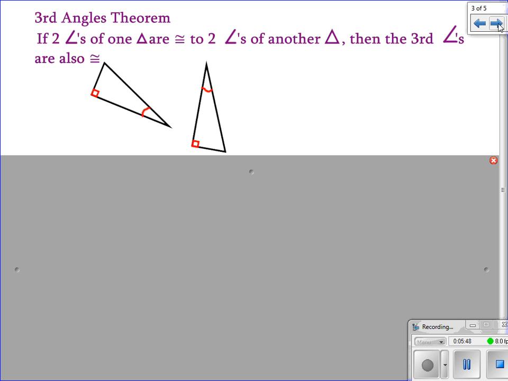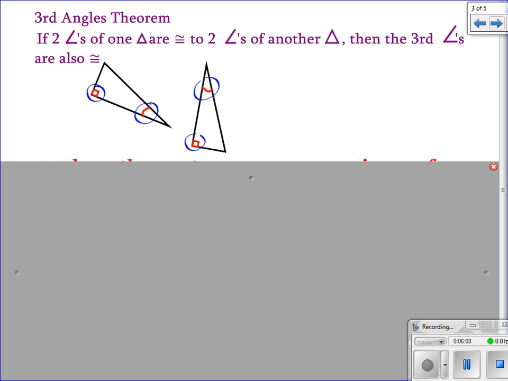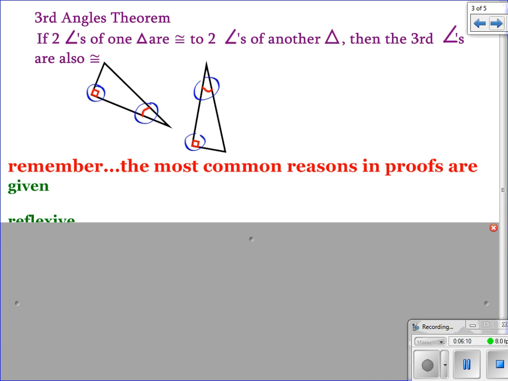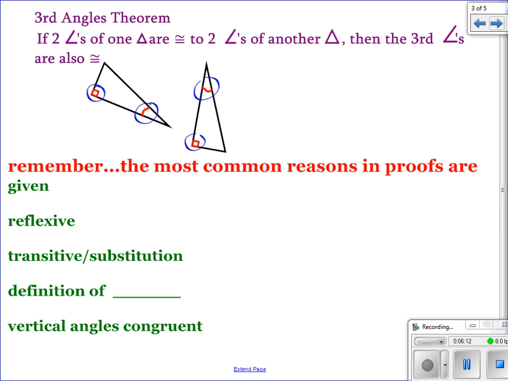Okay, on this page, the third angles theorem simply says that if you have two angles of one triangle congruent to two angles of another, then the third angles that you haven't talked about yet also would have to be congruent to each other. And we're going to use that on the next slide. And then just a refresher on proofs, since we're going to be diving into this in the next section already. These are really, really common reasons on proofs.